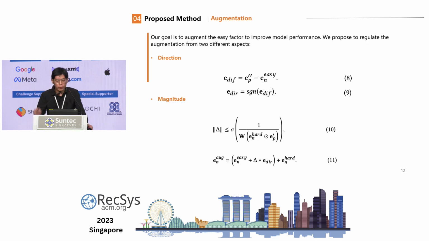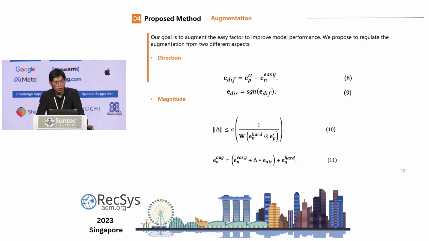Then we talk about augmentation. Our goal is to augment the easy factor to improve model performance. We propose to regulate the augmentation from two different aspects. First, direction. Intuitively, the direction of augmentation on a negative item should be towards the positive one, because the positive, you know, has a high score with the user. And then we design the magnitude.